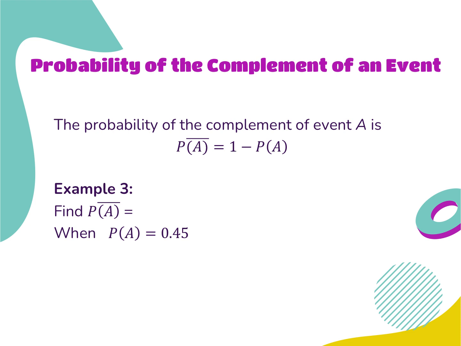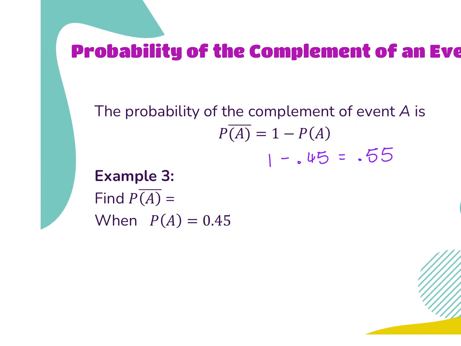If you're looking at it as 0 to 1, it should be a decimal. Looking at this question, they're telling me that the probability of A is 0.45. So I'm going to take that 1 and subtract 0.45, which would give me 0.55 as my answer.